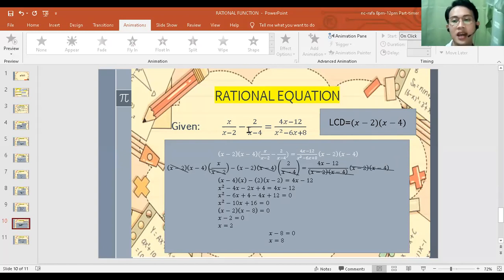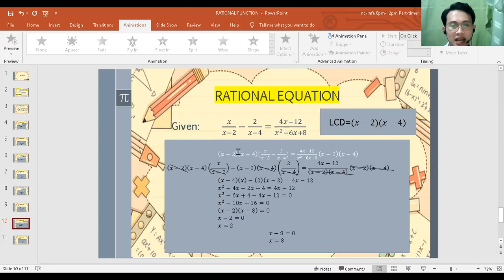Let's check if it's really true. We have x squared, and then negative 2 plus negative 4 is negative 6x. So it's correct. Negative 2 times negative 4 is also 8. So it's divisible, and we can now multiply the LCD to our given equation.